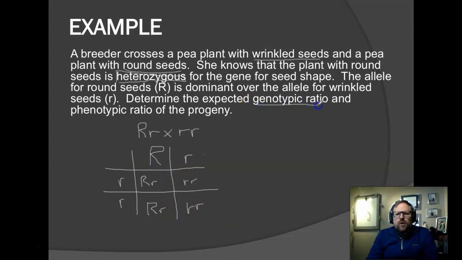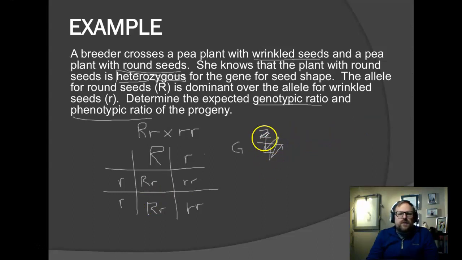So what are our genotypic ratios and our phenotypic ratios? I'm going to do G for genotypic. Our genotypic ratio is going to be, remember we figured out our probabilities, 2/4 for big R, little r, and 2/4 for little r, little r.